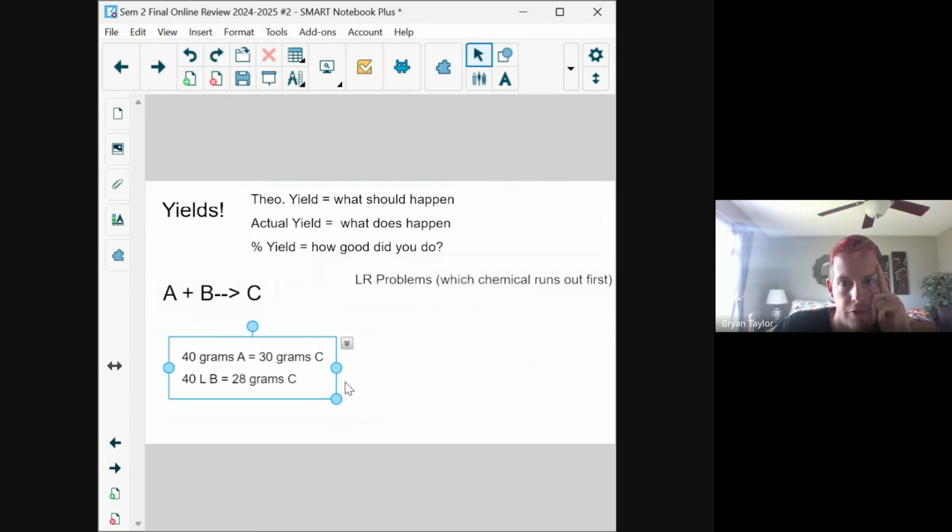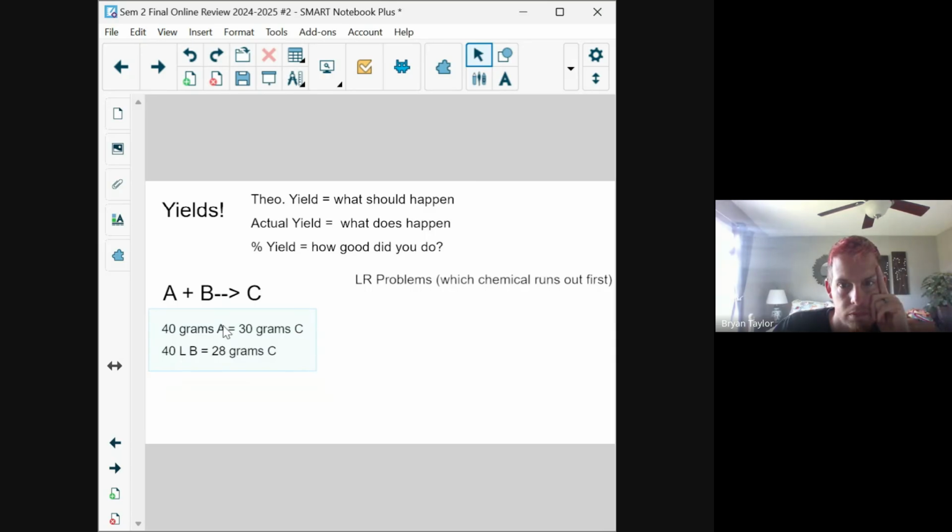Which one's going to run out first, A or B? Are you going to run out of 40 liters? Or are you going to run out of 40 grams? Are you going to run out of A or B?